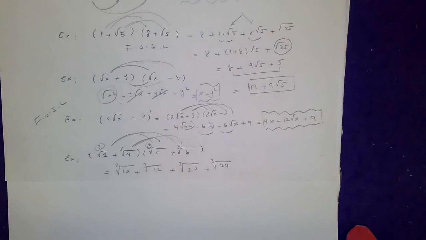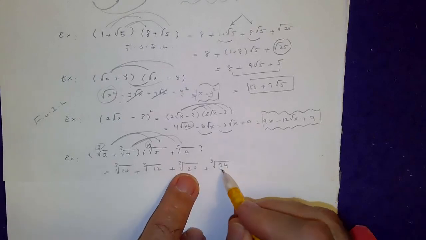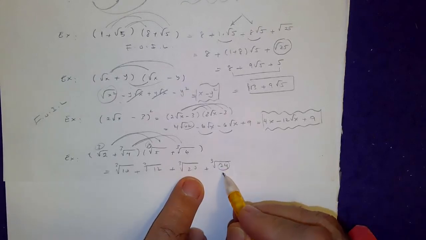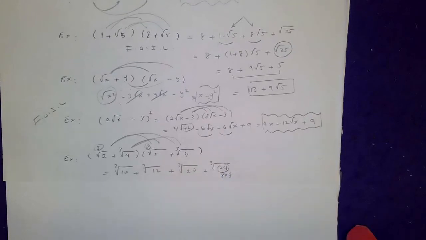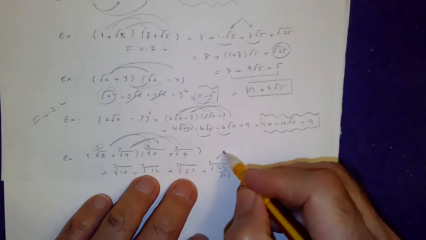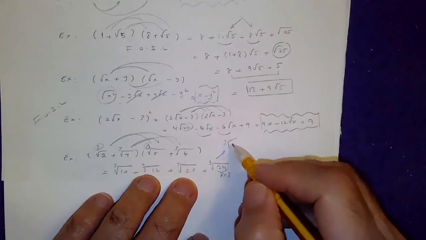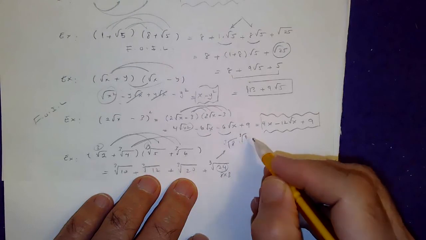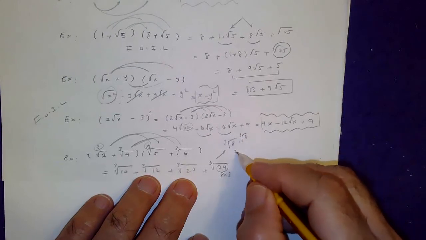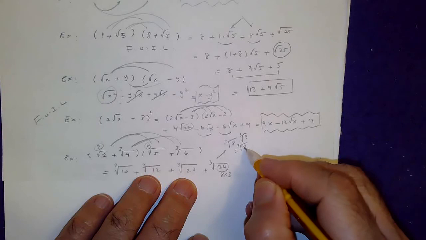The only problem is I can split the 24 into what? 8 times 3? Is that right? So this would be the same as cube root of 8 times cube root of 3. And cube root of 8 is 2, so this is 2 cube root of 3.